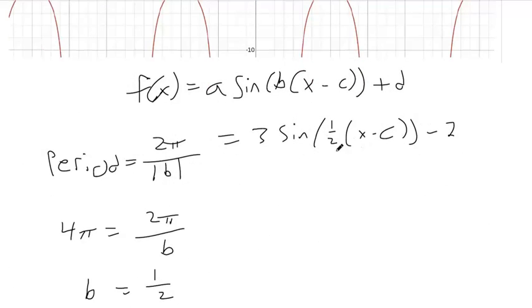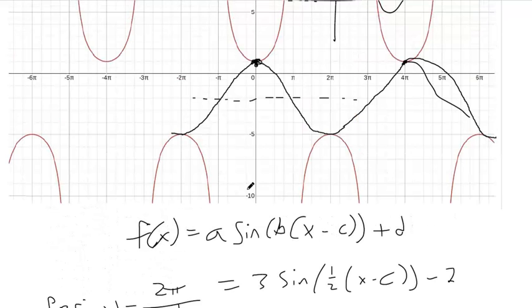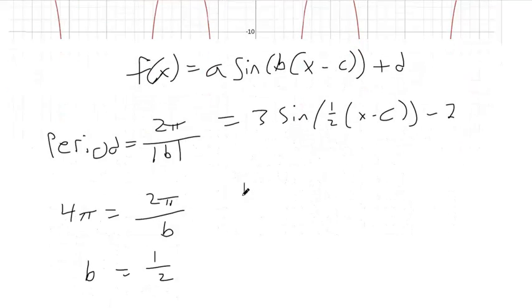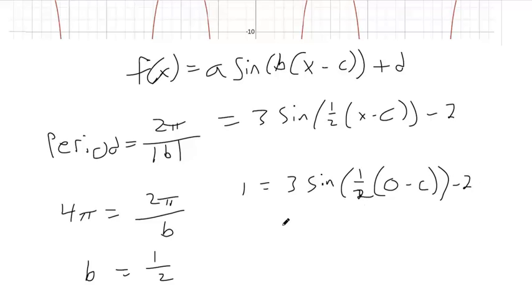To find out what that c is, you could test out a certain point. We could plug in something that we know should be true. Like when x equals 0, the graph is telling us y should be 1, so the point is 0, 1. So if I plug in 1 for the y value and 0 for the x value, I can distribute that 1/2.